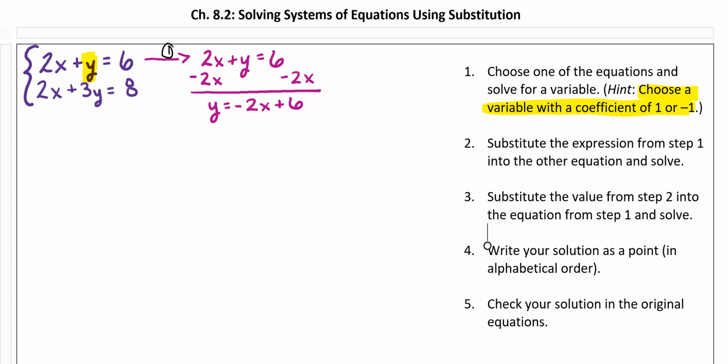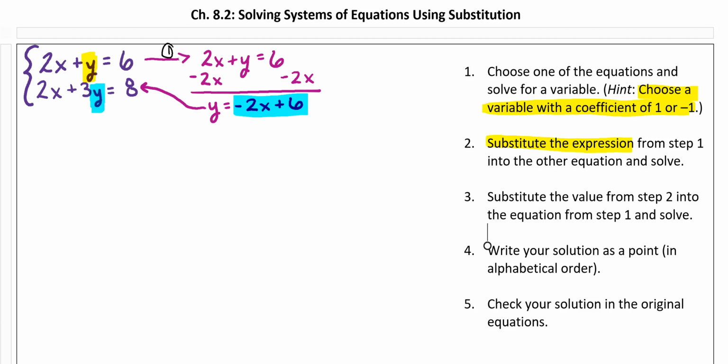All right, step 2 says that we need to now substitute the expression from step 1 into the other equation. So what that means is we're going to take this equation and plug it into this bottom one that we didn't use. And what we're going to plug in is, wherever there is a y, because that's what y equals, negative 2x plus 6.